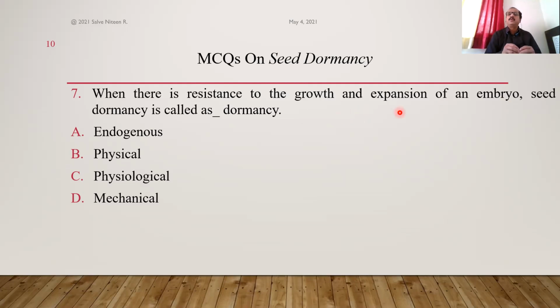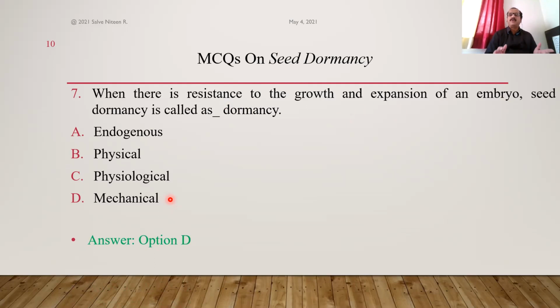It is not able to emerge out in the form of radicle. The radicle cannot emerge outside by breaking those hard structures. Such a type of resistance is called mechanical resistance, and therefore this type of dormancy is called mechanical dormancy.